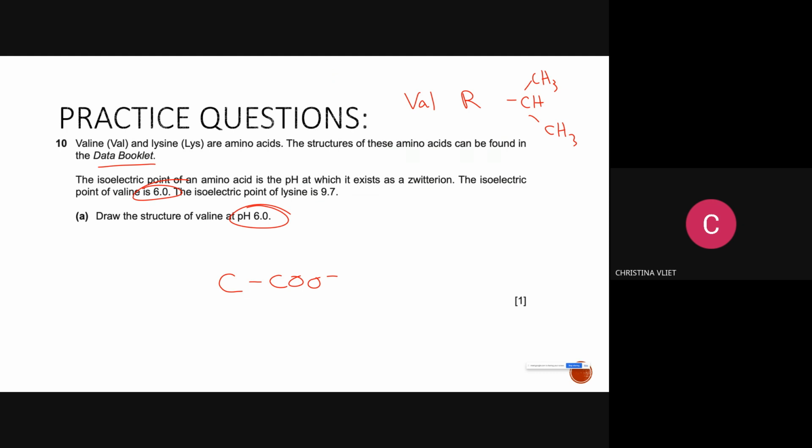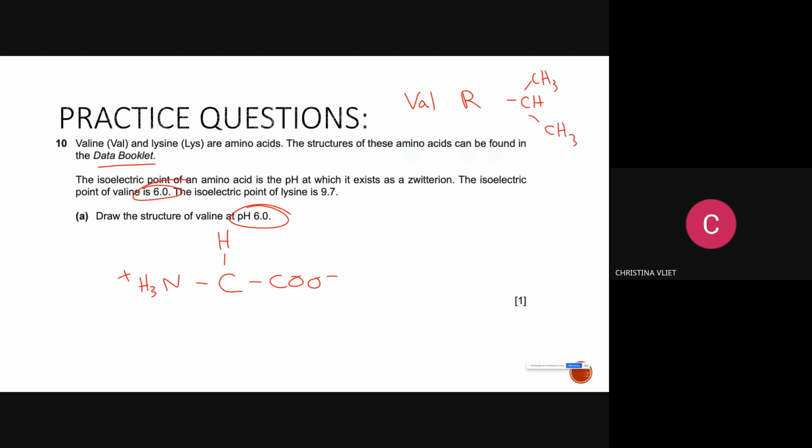What's another group that has to be there on the amino acid? The H. Yes. What's another group that has to be there on the amino acid? The amine part, right? So H3N plus. And then this right there just goes to the bottom.